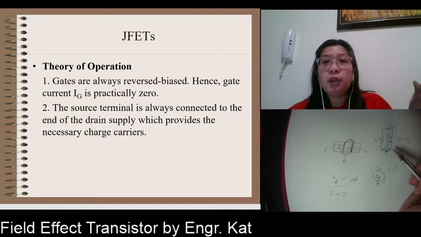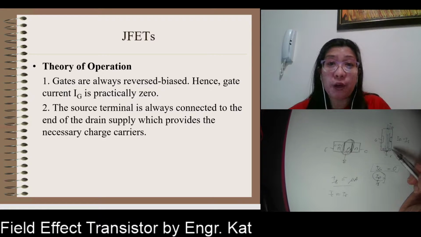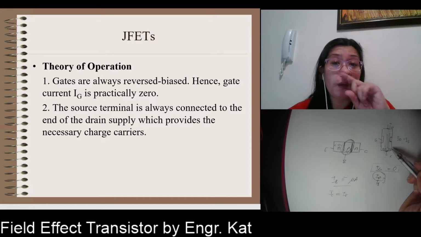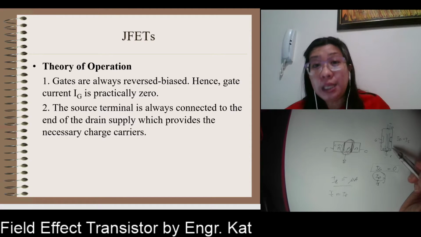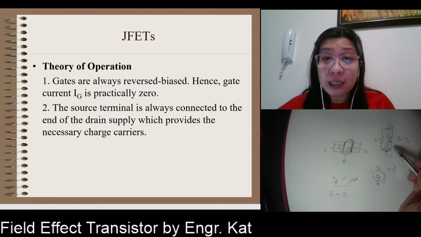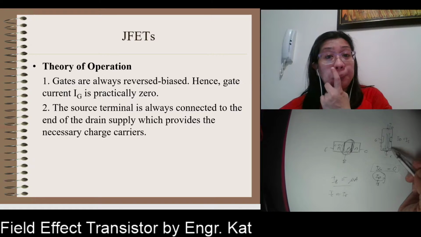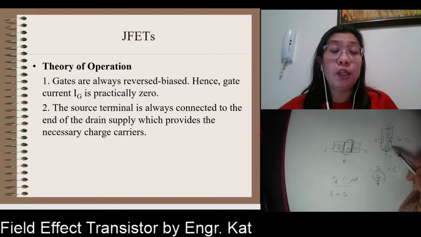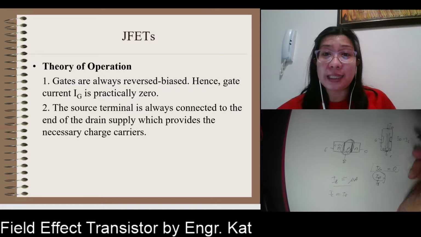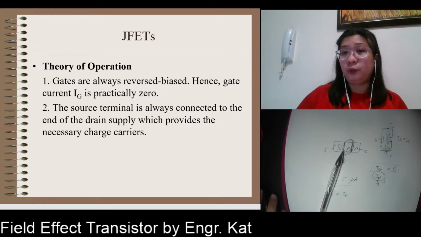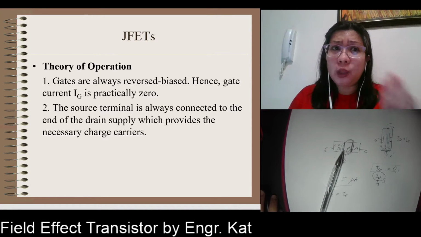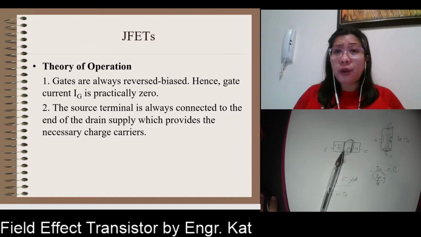The source terminal is always our basis for the polarity of your DC source. So the source terminal is always connected to the end of the drain supply, which is your VDD, the counterpart for your VCC in your BJT. So you have to remember these two basic theories of operation.